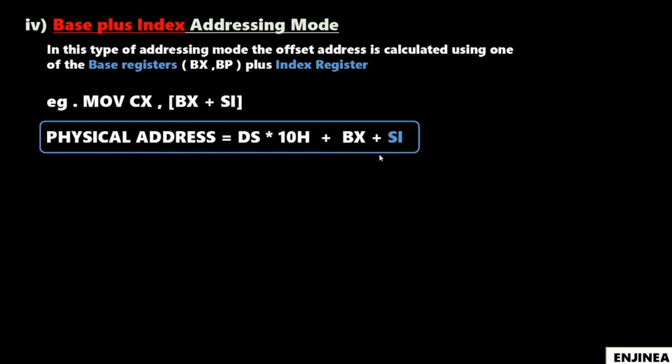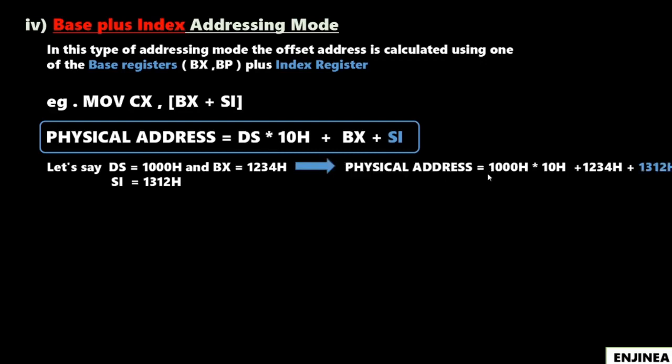These two form the offset address. So let's see with some values. Suppose the value of DS is 1000H, BX is 1234H, and SI is 1312H. So the physical address is calculated as 1000, which is the DS, into 10H, plus the BX value, which is 1234H, plus the SI value, which is 1312H.